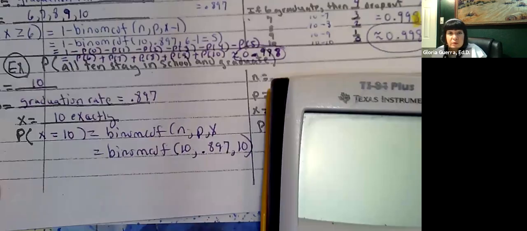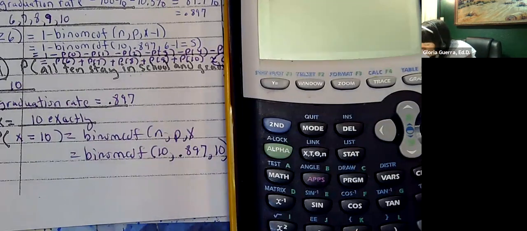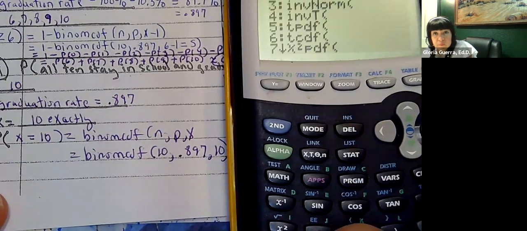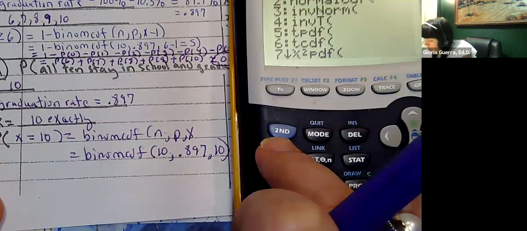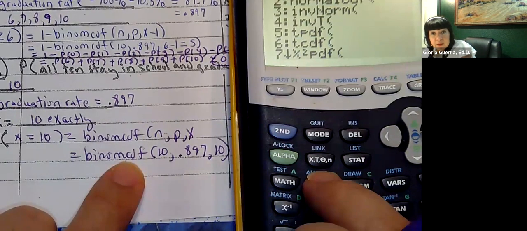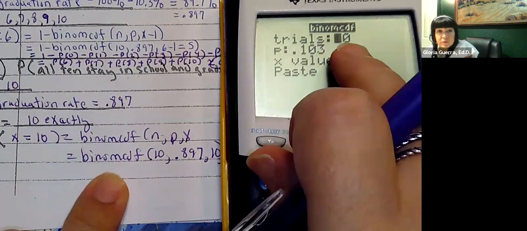Okay, so I use my calculator. Second vars, alpha, and then you want the apps, and it's binomial CDF, okay.